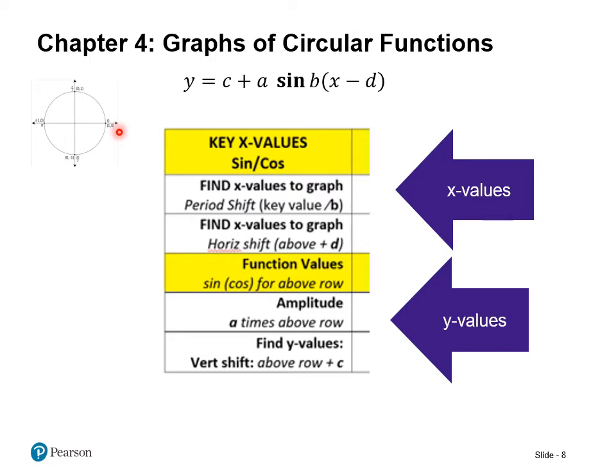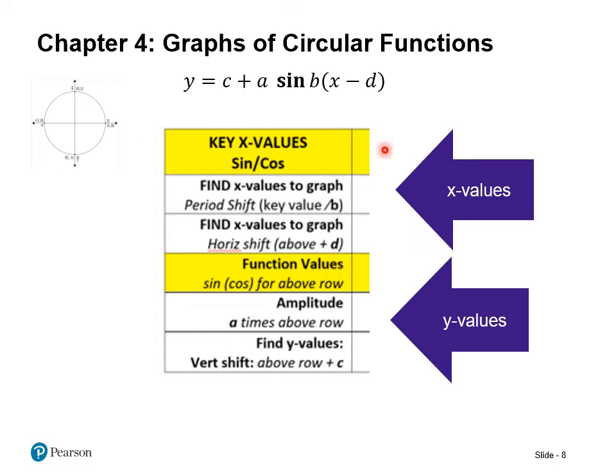For example, the x values for sine go from 0 to pi over 2. These are the angle measures, pi, 3 pi over 2, and back to 2 pi. Okay, the y values are whatever trig function we were doing. If we're doing sine, then it literally is the y of the coordinates, so it would be 0, 1, 0, negative 1, and back to 0.